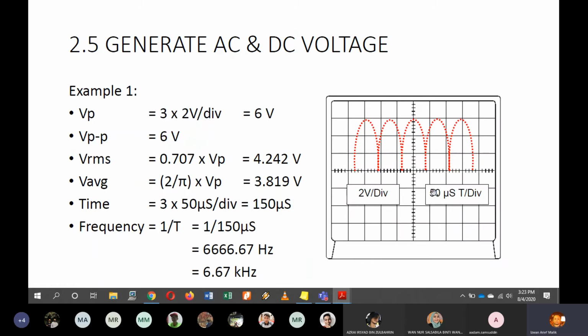Time, okay, this is a bit catchy because we have to look at it properly. Okay, let's say I'm starting from this point because I think it is easier, as it is starting from exactly this line here. So if I want to get one full cycle, I have to make sure that I calculate from here up until here and then another one which is here.